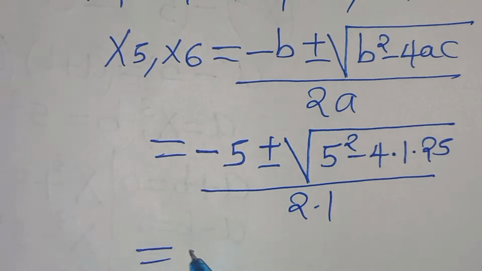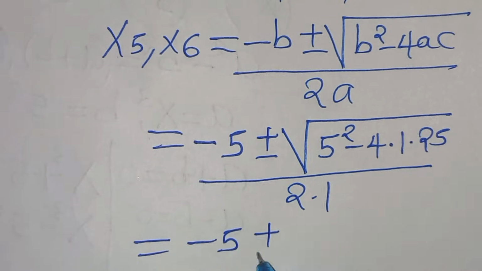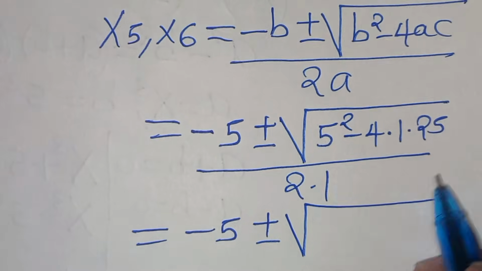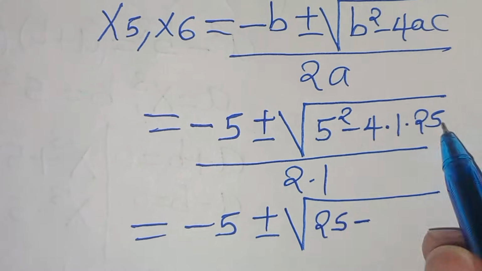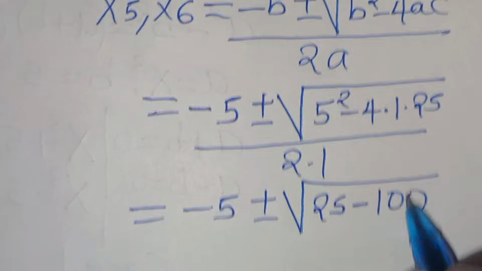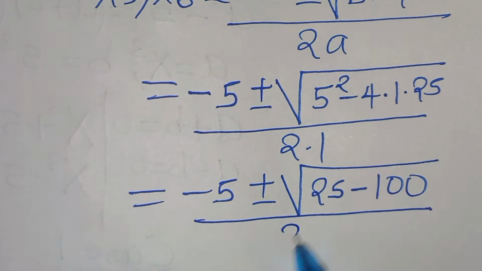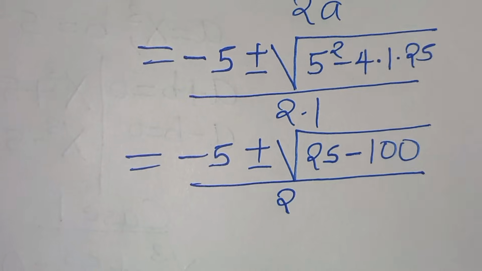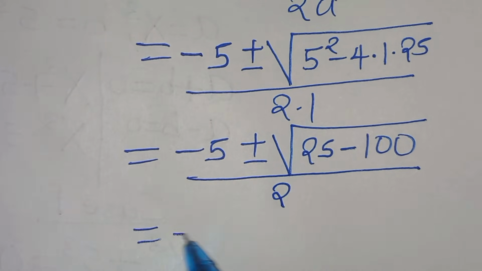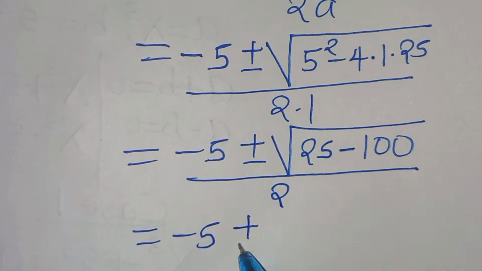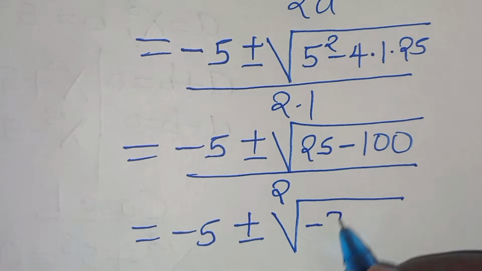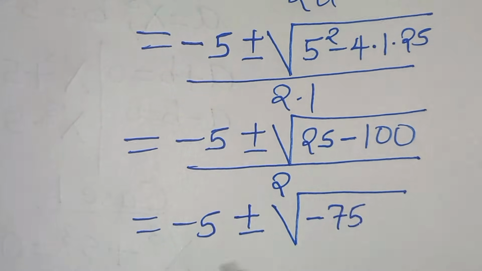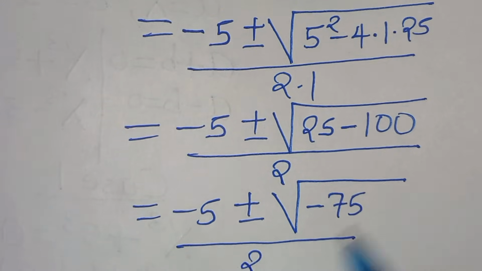And this means we have minus 5 plus or minus the square root of 5 squared, which is 25, minus 4 times 25, this is 100, divided by 2. So we have minus 5 plus or minus the square root of 25 minus 100, which is minus 75, divided by 2.